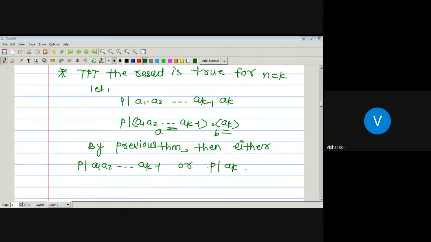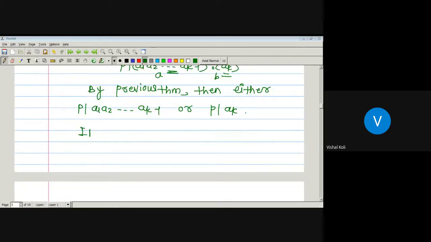Now if p divides ak, then the result is true. Since we have to prove that p divides any among these k integers, as p divides ak, the result obviously holds. But suppose p divides the product of these k minus 1 integers a1 a2 up to so on ak minus 1.